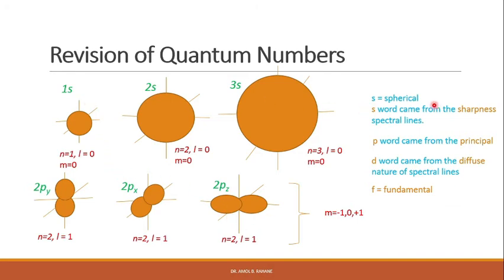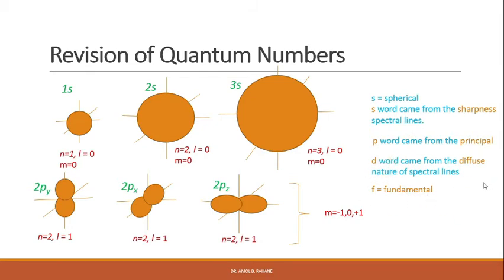So, this s is helpful to connect with the spherical nature of these orbitals, but historically the word s came from the particular sharpness arising from the spectral lines or transitions of electrons occupying the s orbitals, right.